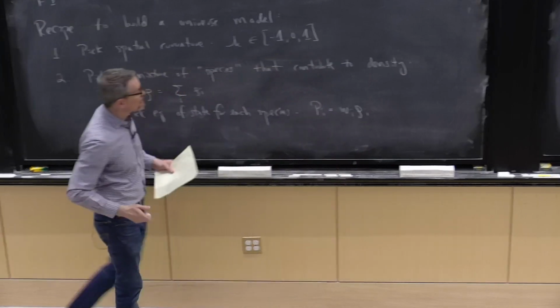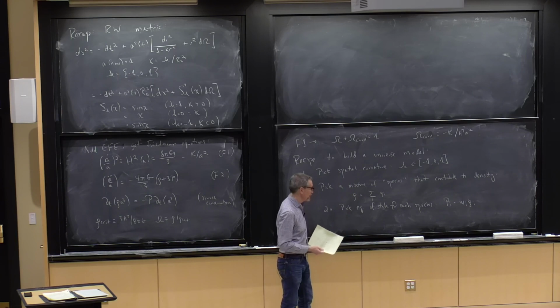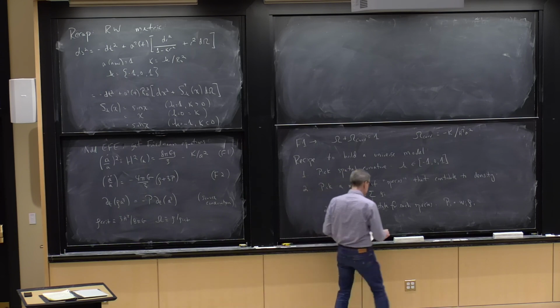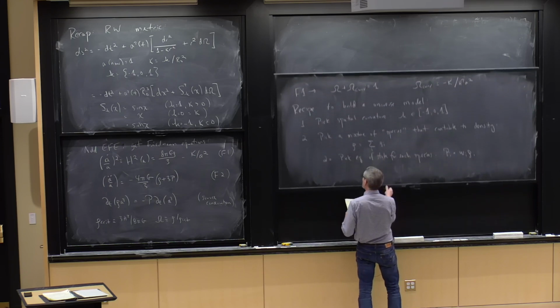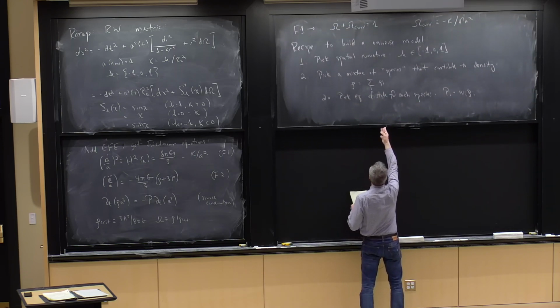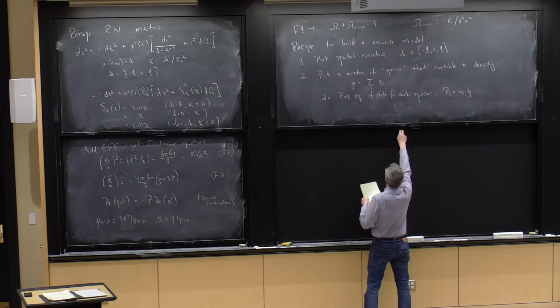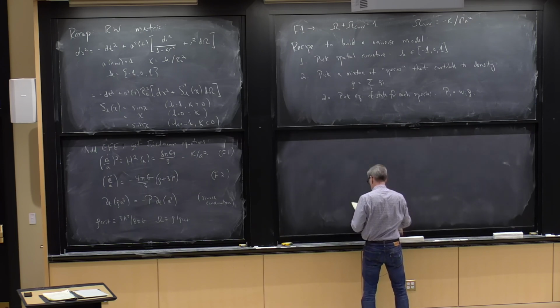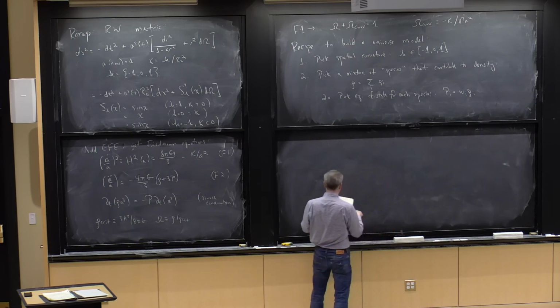Okay, so if you follow this model that most cosmologists use, each species will have a pressure that is linear in the density.